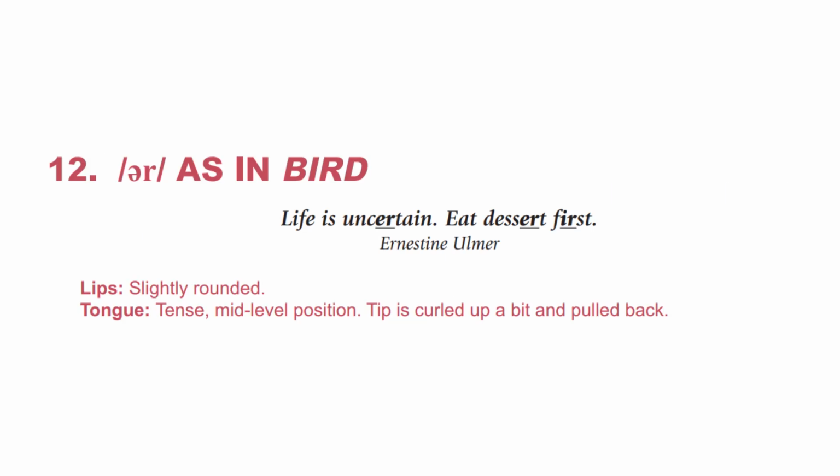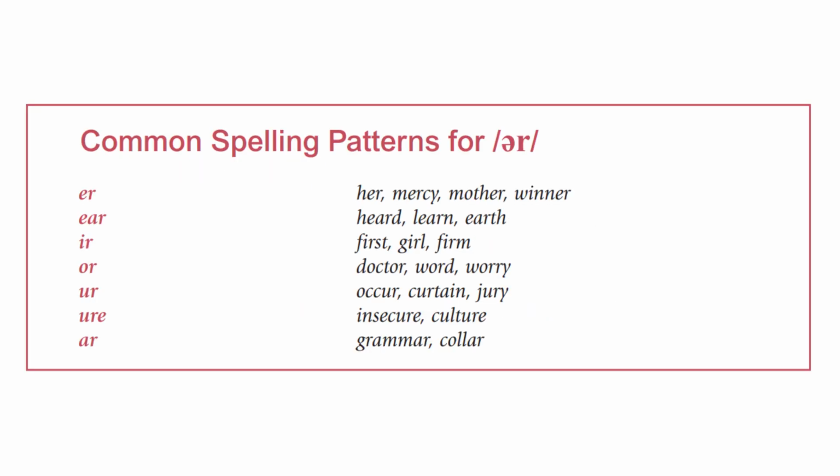/ɝ/ as in bird. For the sound, the lips are slightly rounded, the tongue is tense and at a mid-level position, and the tip of the tongue is curled up and pulled back. Common spelling patterns for this sound include ER, as in her, mercy, mother, winner. EAR, as in heard, learn, earth.